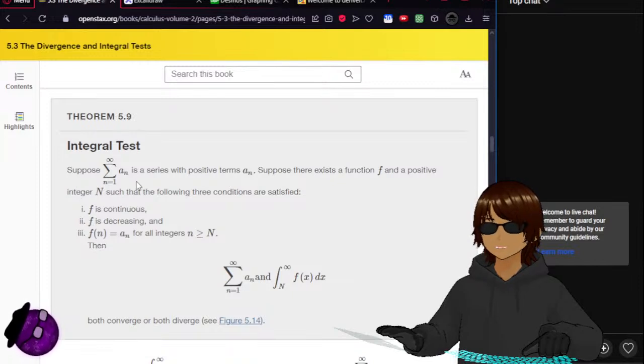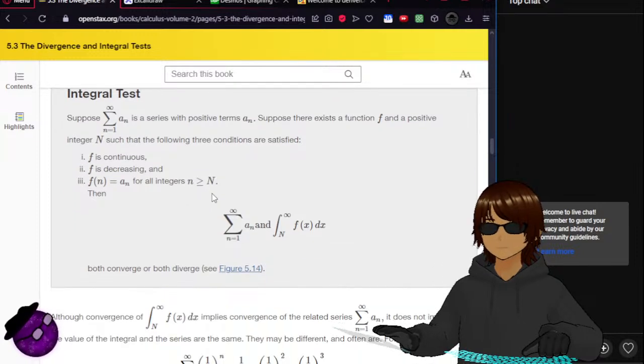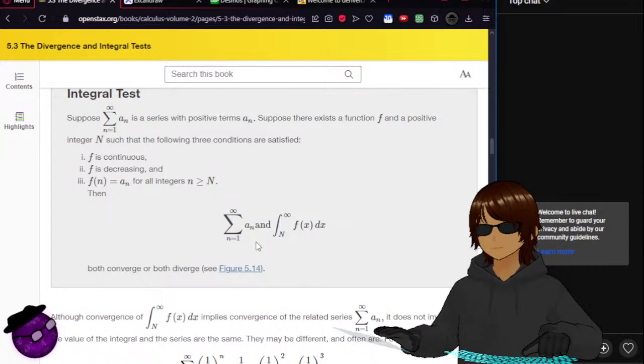Suppose the sum of a n is a series with positive terms. Suppose that there exists a function f and a positive integer capital N such that the following three conditions are satisfied: f is continuous, f is decreasing, and f of n is equal to a n for all integers n greater than or equal to capital N. Then the sum and the integral both converge or both diverge.